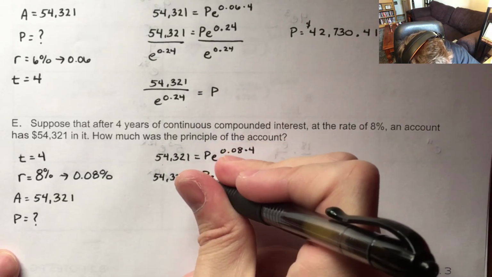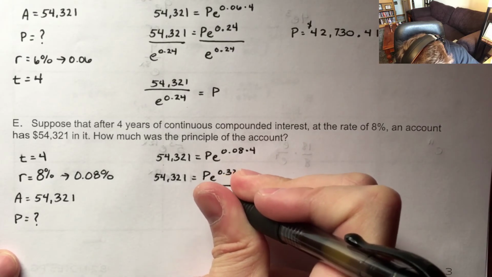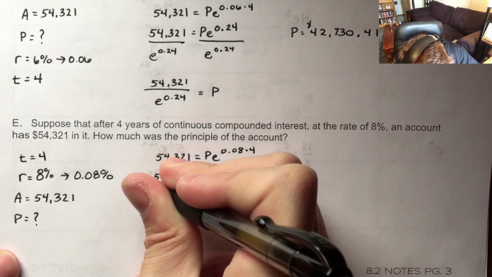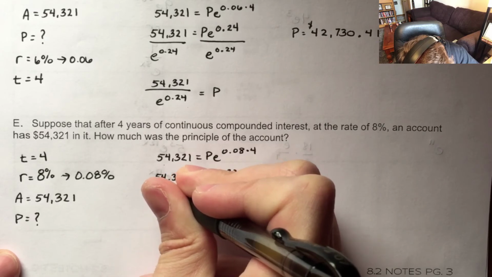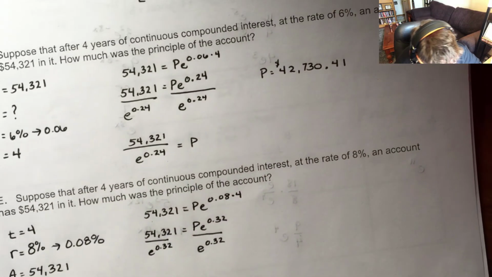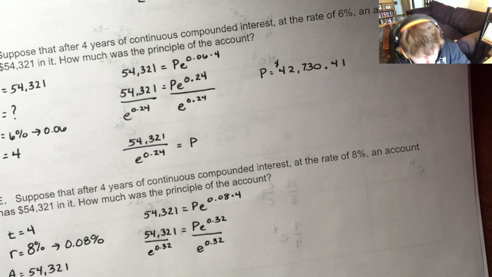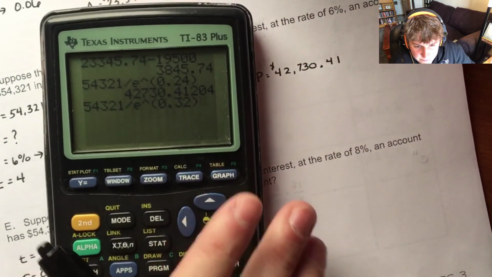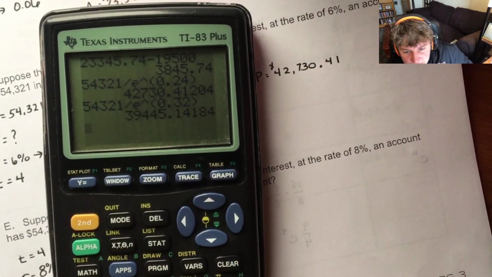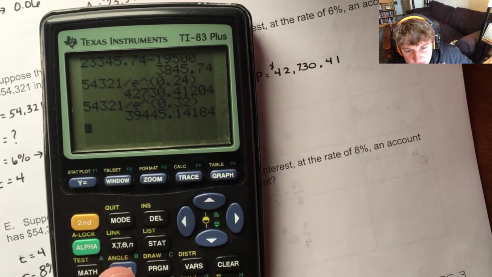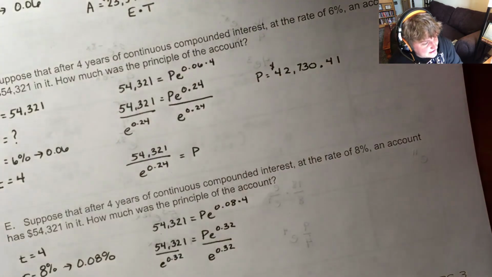If I want the principal by itself, I'm going to have to divide by e to the 0.32. So I take 54,321 and divide it by e to the 0.32 power, and I get $39,445.14.